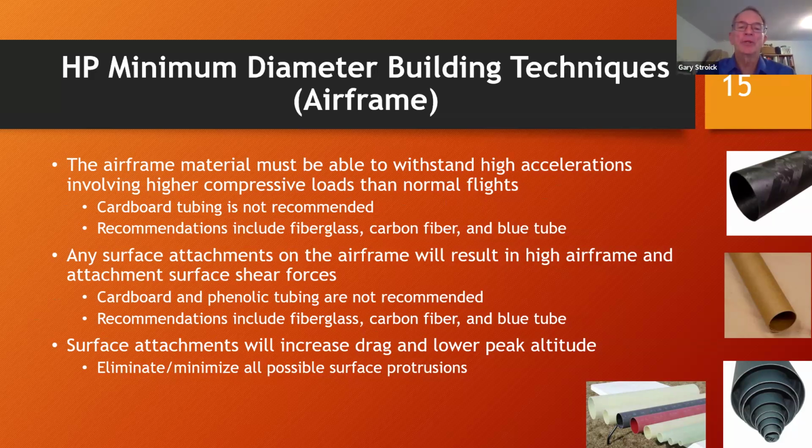So when you're looking at designing the rocket, and if you're looking at putting cameras on it, or other items on it, like rail buttons and so on, you want to try to minimize the surface area that's on the external airframe of the rocket in order to make sure that you can go as high as possible. We'll talk a little bit more about that in a later slide.